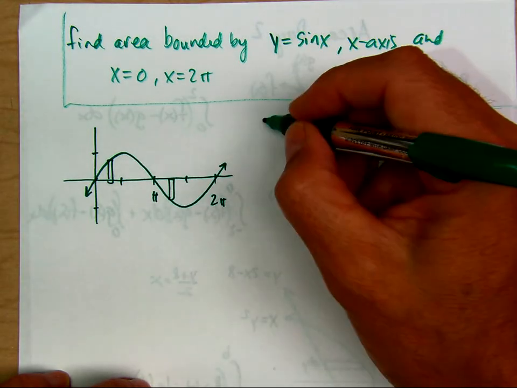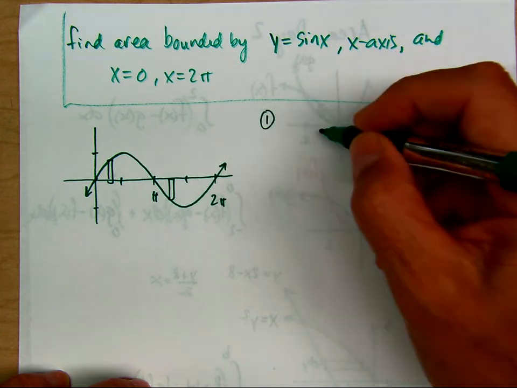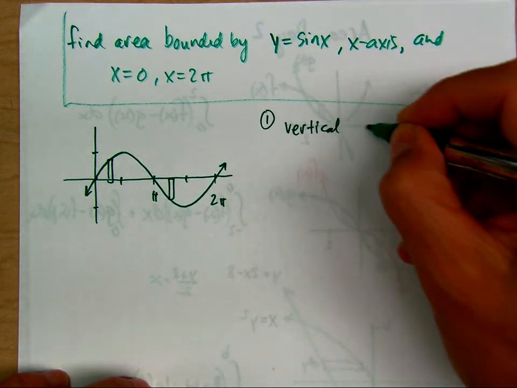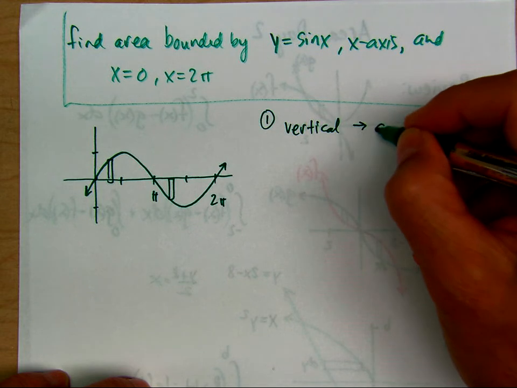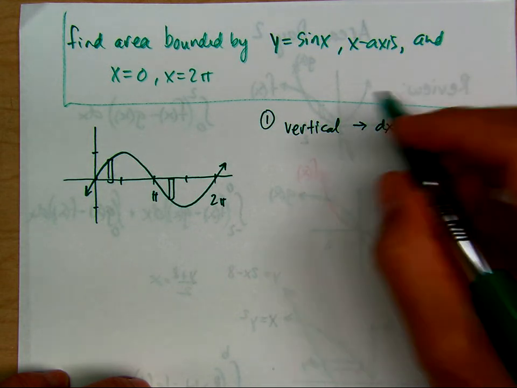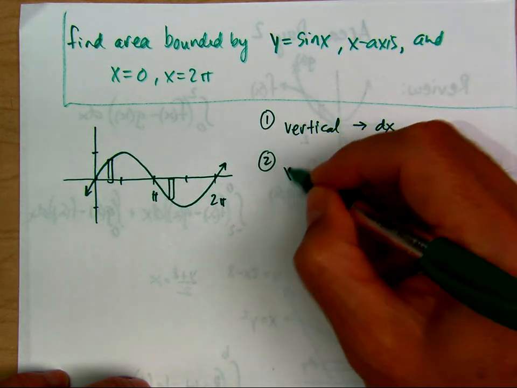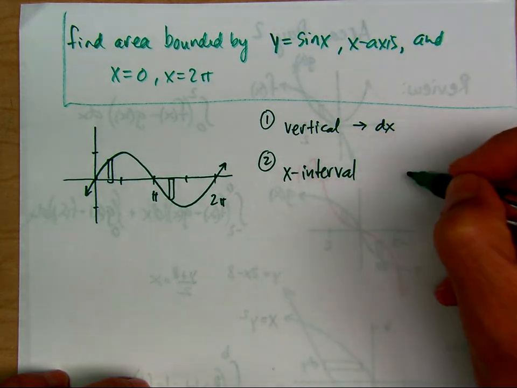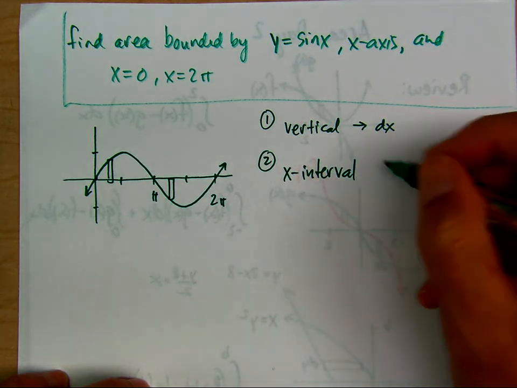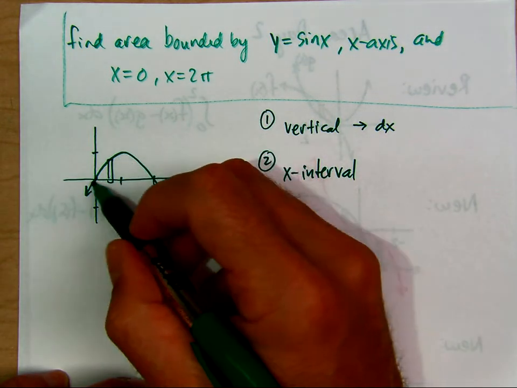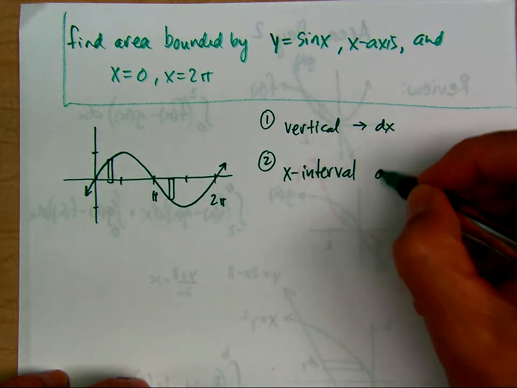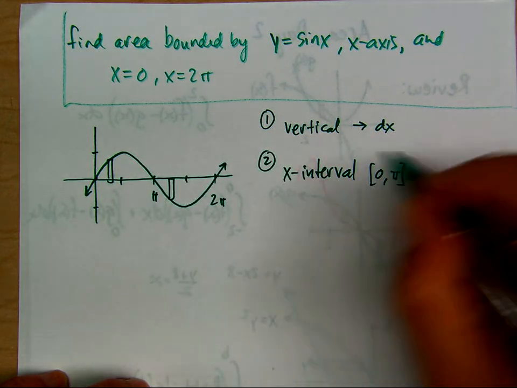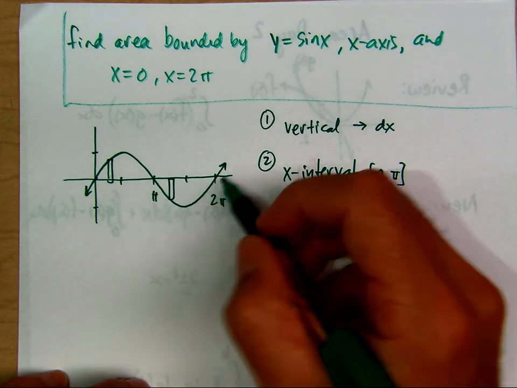And going back to the steps, we're going to use vertical rectangles. So that means we have a width of dx, and that means we need an x interval for integration. So the x interval here, top minus bottom, goes 0 to pi. But then we also have to have a different integral from pi to 2 pi.